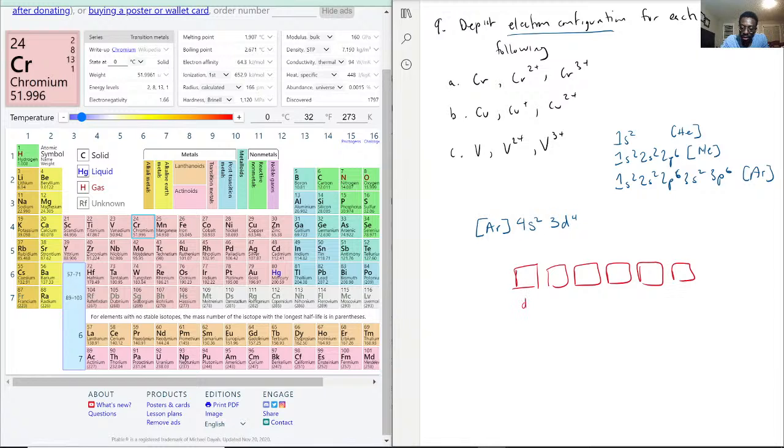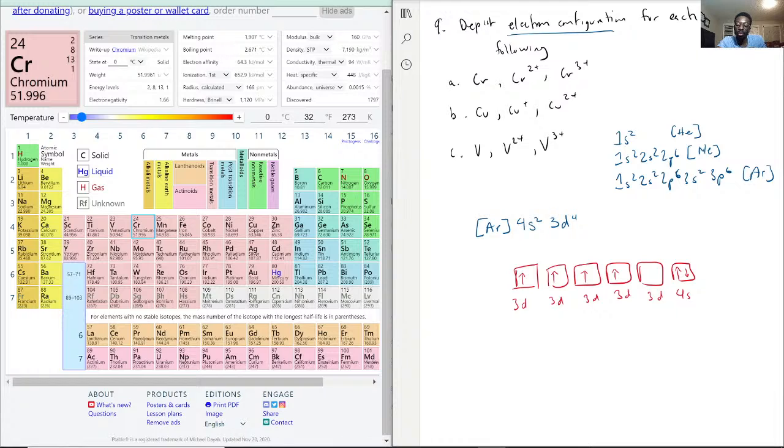So we have 3d, 3d, 3d, 3d, 3d, 4s, and we have, as I said, 4. As you can see, that's kind of greedy of the s row, especially when you're dealing with d orbitals. The change from the d to the p or the s shells has quite a bit of energy difference.